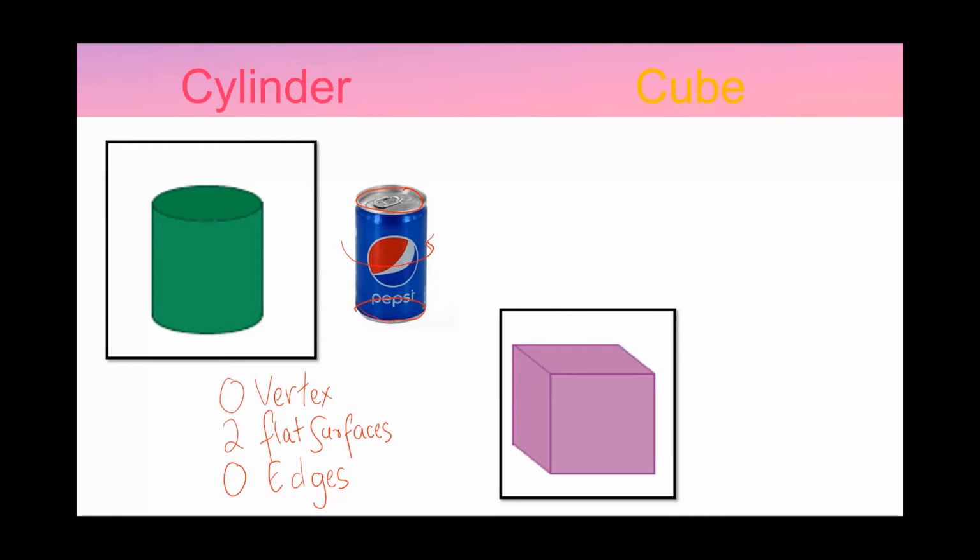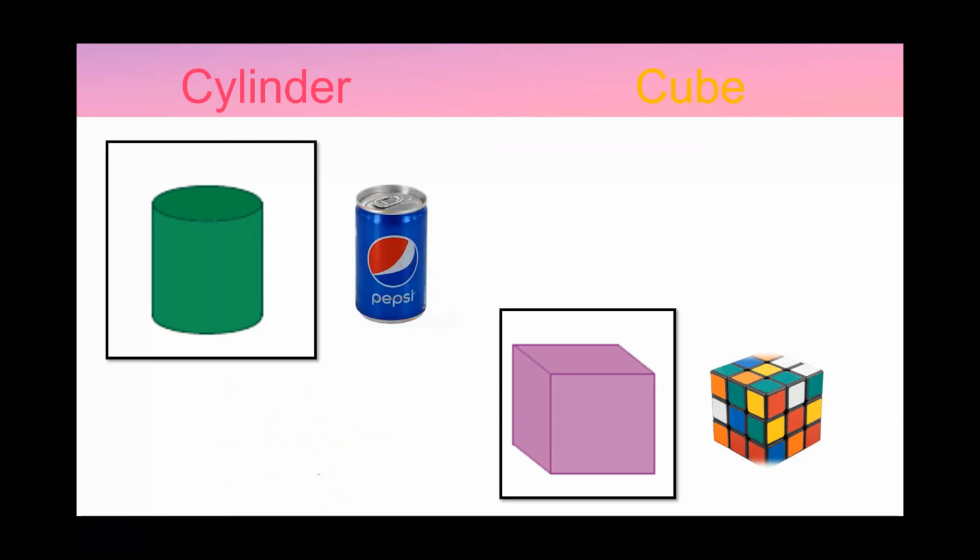The blocks, the cubes that we were using for measurement, right? Or how about this puzzle cube? It's the shape of a cube, right? Now, how many vertices are there? I can see many corners over here, right?